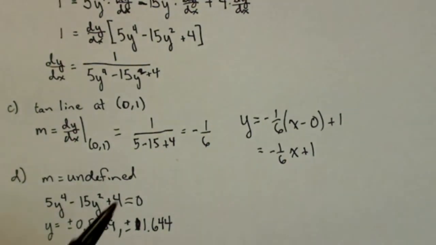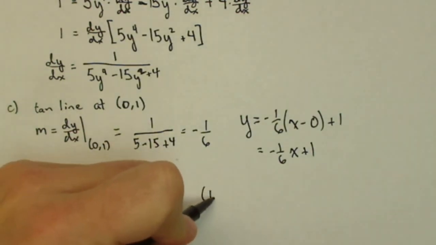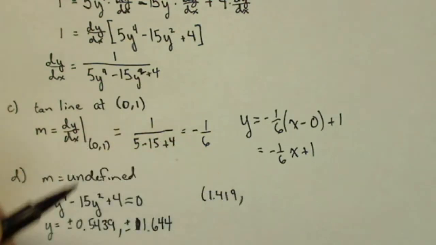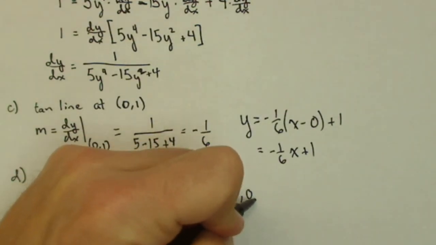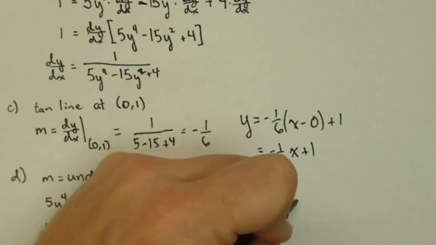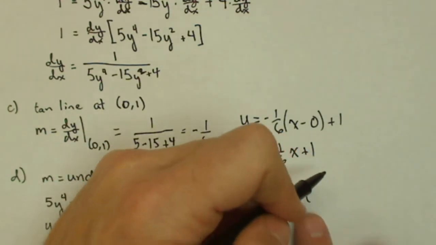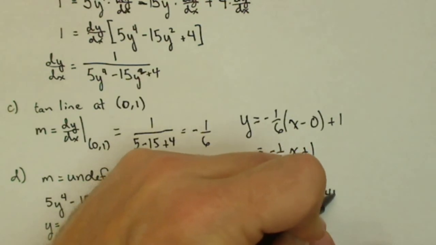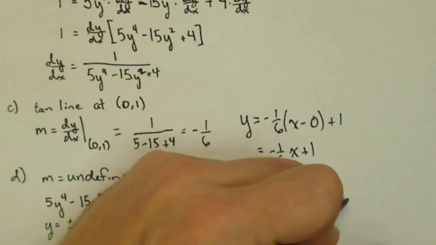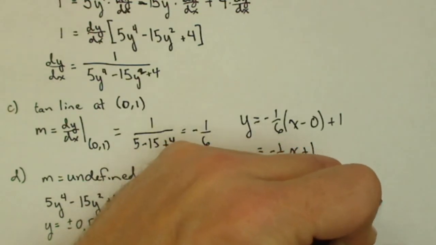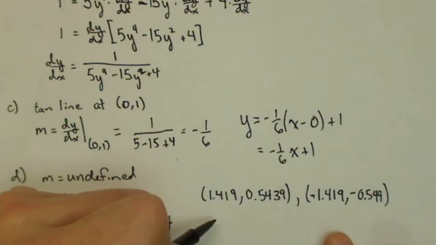So that you have the solutions in case you want to check, the points are going to be (1.419, 0.5439). We're going to have another point at (negative 1.419, negative 0.5439).